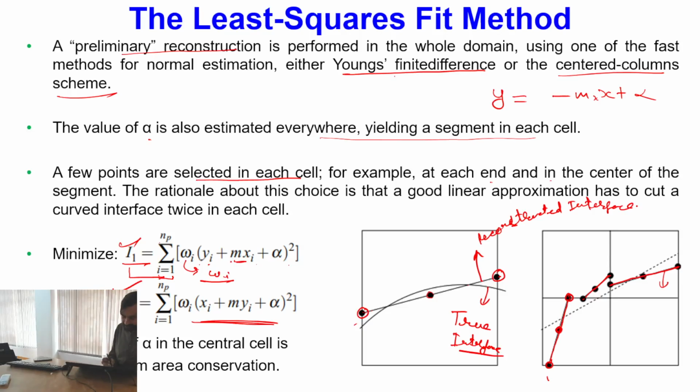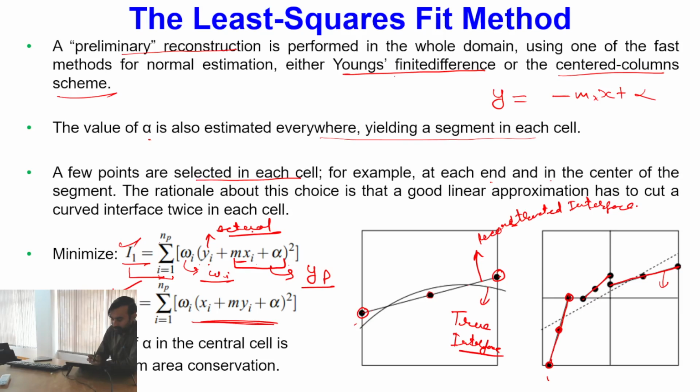Here you can see what is m xi plus alpha. This is the predicted value. And what is yi? This is the actual value of the point.